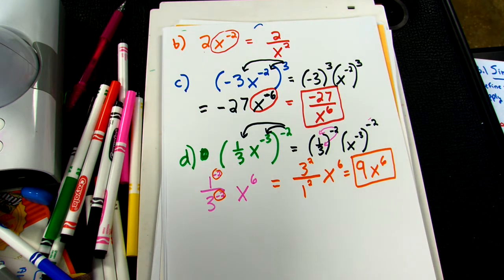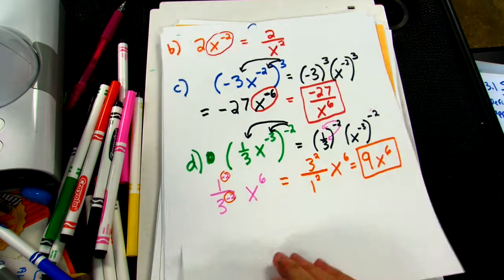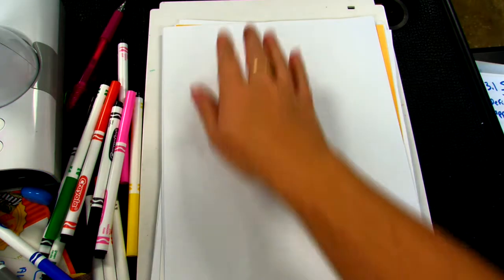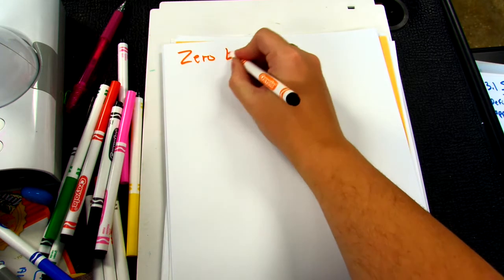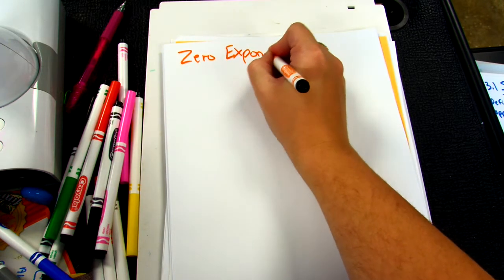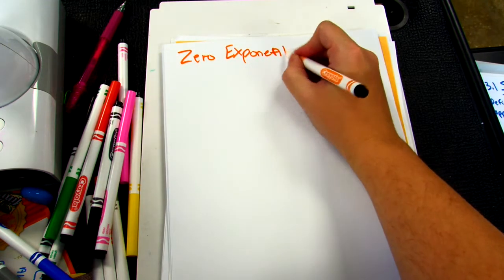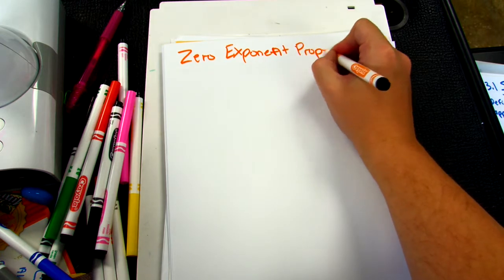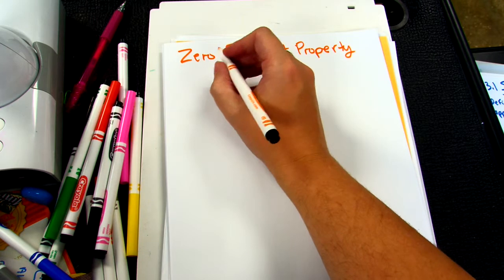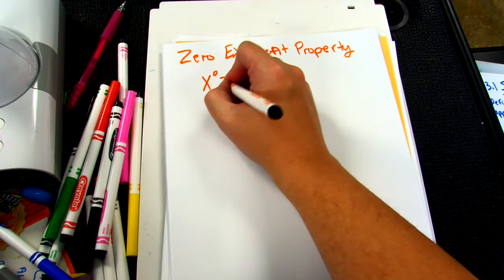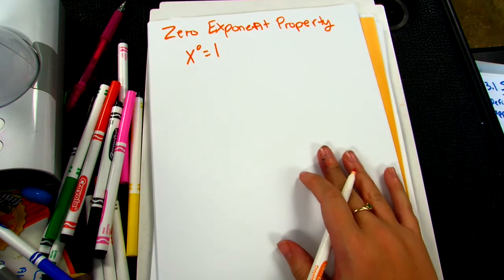All right, so let's talk about the zero exponent property now. Which said that anything to the 0 power was 1.